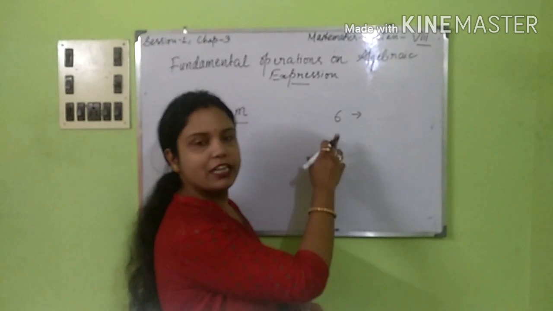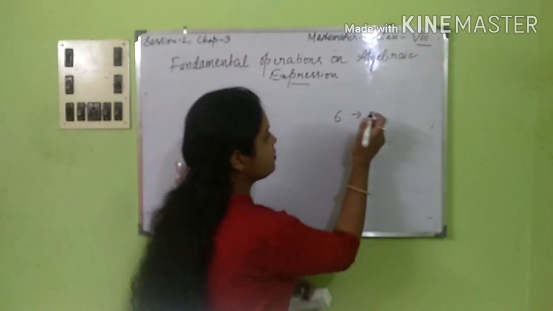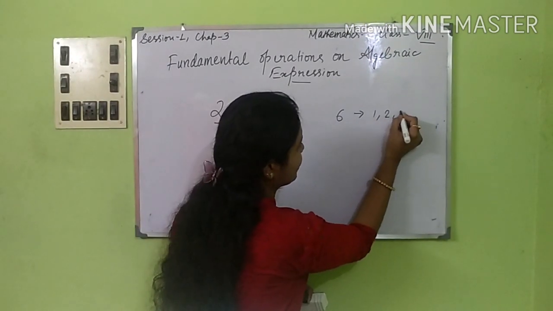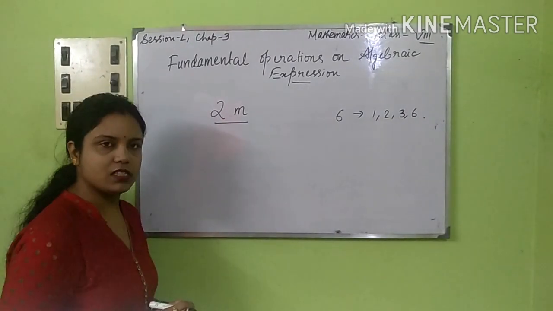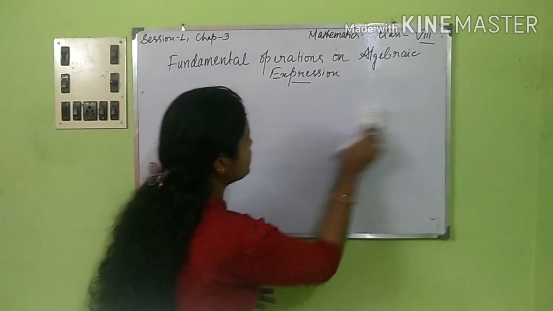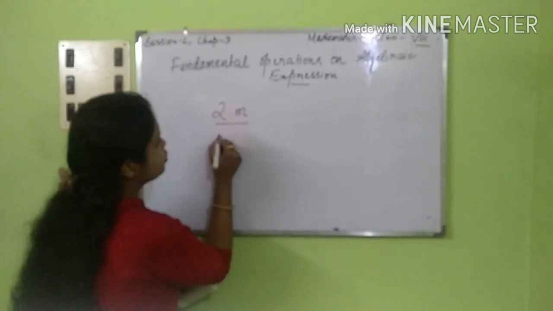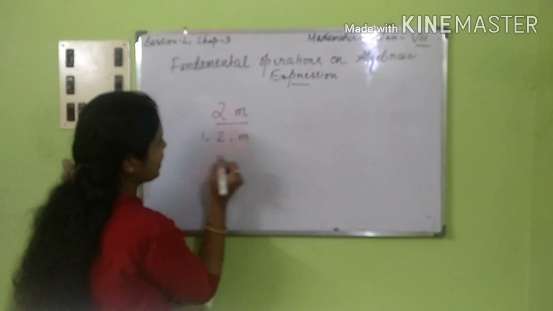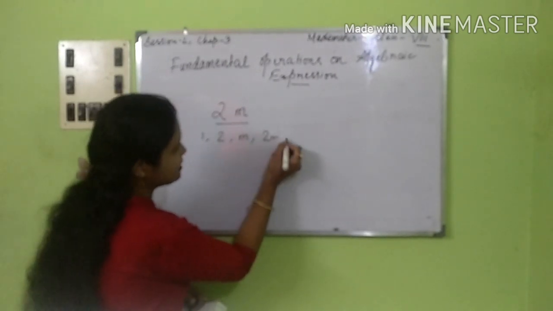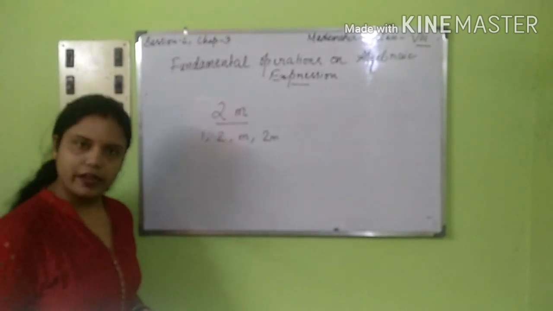That means which numbers will divide 6, right? It can be 1, 2, 3, or 6. These are the factors of 6. Now for this one, 2 can be a factor, m can be a factor, 1 can be a factor, and 2m itself can be a factor.